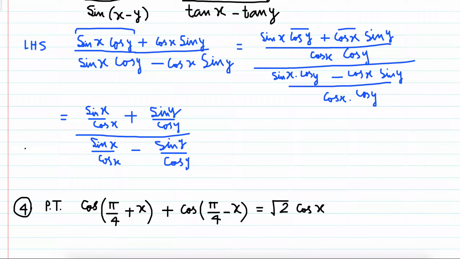And sin x by cos x is tan x. So the first term is tan x, the second term is tan y.